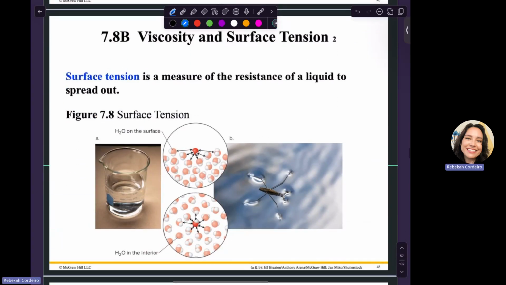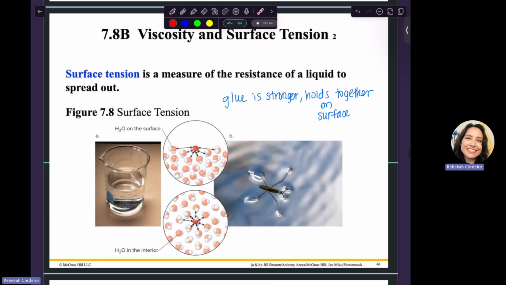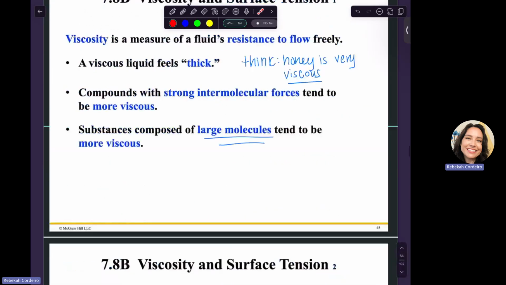And surface tension is a measure of the resistance of a liquid to spread out, so they hold together. You can imagine, if the glue is stronger, then it holds together on the surface. And so you get little bugs that can walk on the water, these little water striders or things like that. We can think about the intermolecular forces as glue, and these things make a lot more sense.